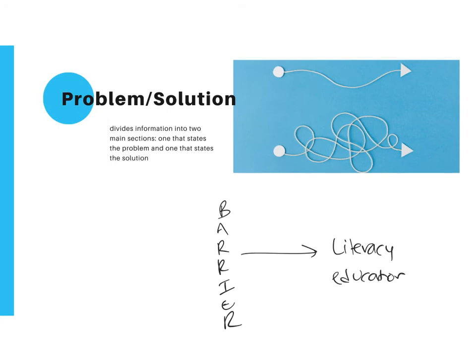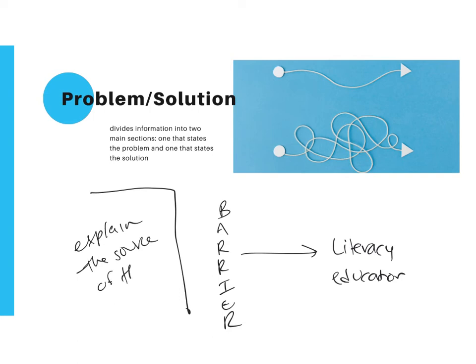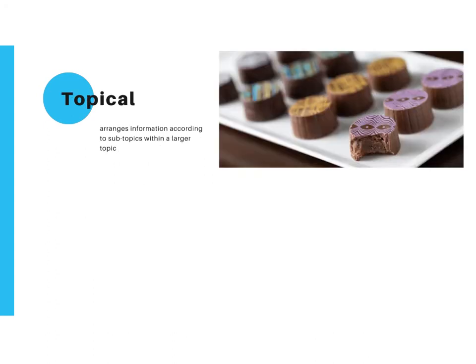And it allows you to use the first part of the essay to explain the source of the barrier, to explain the problem. And then as the narrator, you can show how you solved this problem or how you overcame this barrier. It's a nice way to really take agency over your own journey in writing.